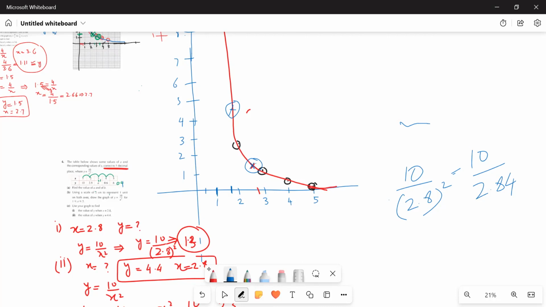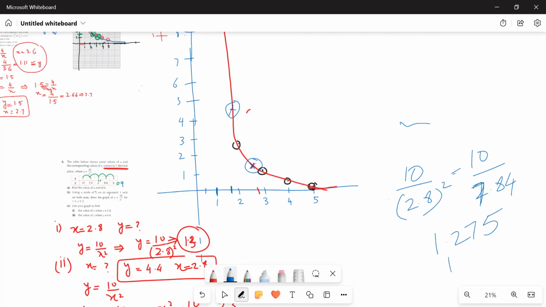10 divided by 2.8 square is 7 point... Oh, it is 7.84. Then divided by 7.84. I am getting 1.275 and so on some values.